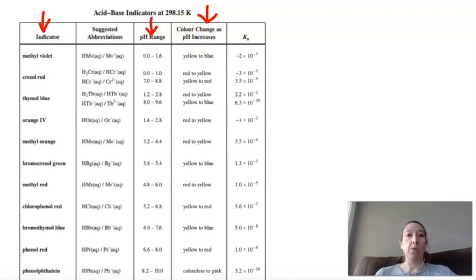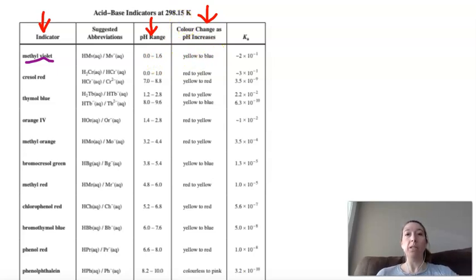If we look at our first one, methyl violet, you can see that it gives you a pH range of 0 to 1.6. This pH range and this color change go together. Between 0 and 1.6, my color is going to change from yellow to blue.